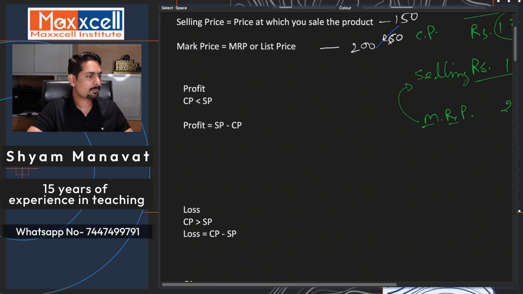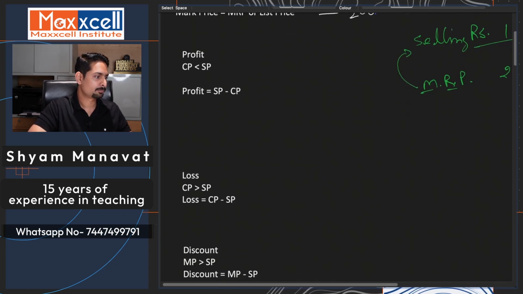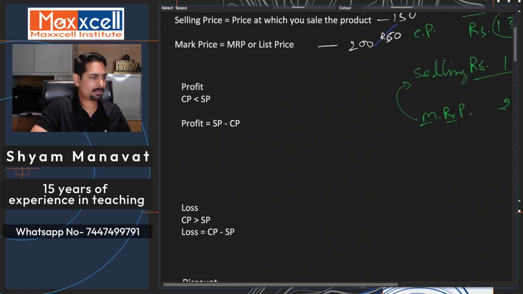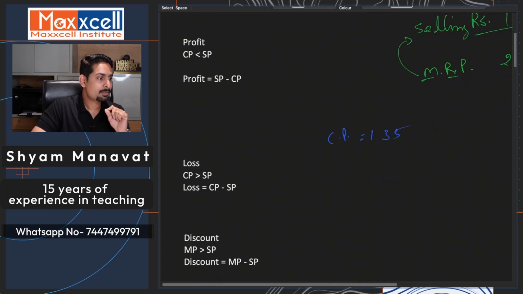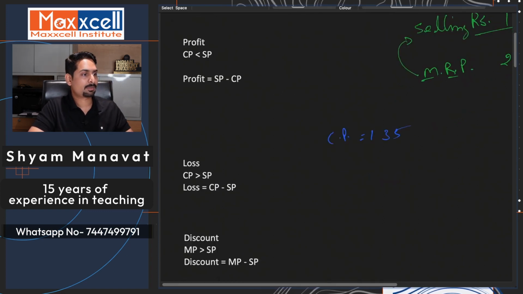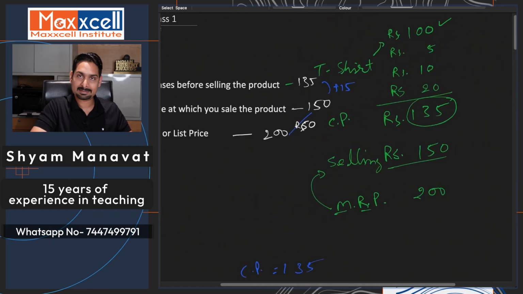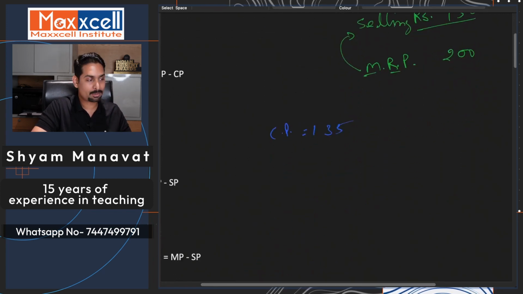For example, suppose you got this t-shirt at 135 rupees. This is costing you 135 rupees. Let's understand by the previous example itself. The t-shirt cost you 135 rupees, so 135 rupees is the cost price.